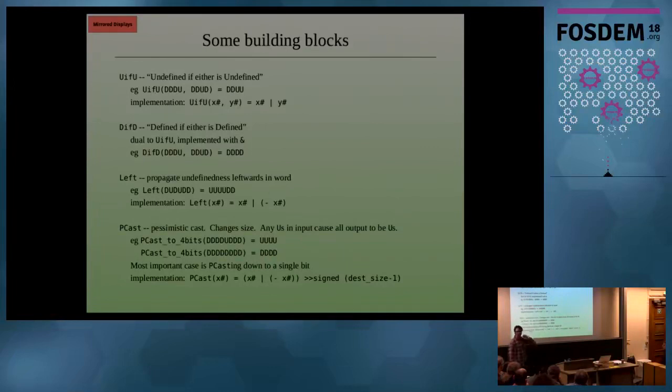But if any of the input bits are undefined, then the whole output is undefined. So that's why it's pessimistic, because anything bad that comes in produces complete badness at the result. The most important case is when we want to take a bunch of bits and check if any of them is undefined, so we'll just be p-casting down to a single bit there.